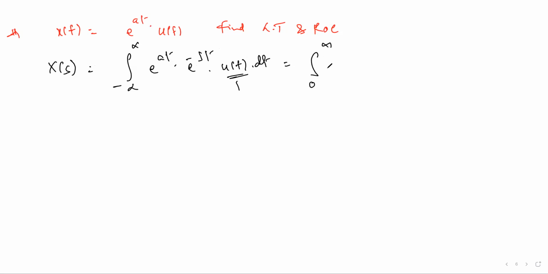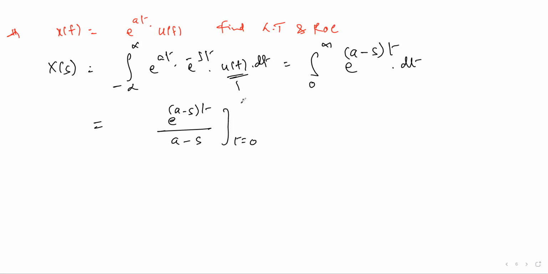We can combine these two exponentials: e to the power of a minus s t dt. Right. Now let us simplify this one. E to the power of a minus st divided by a minus s, with the t value 0 to infinity. 1 by a minus s, e to the power of a minus s t.